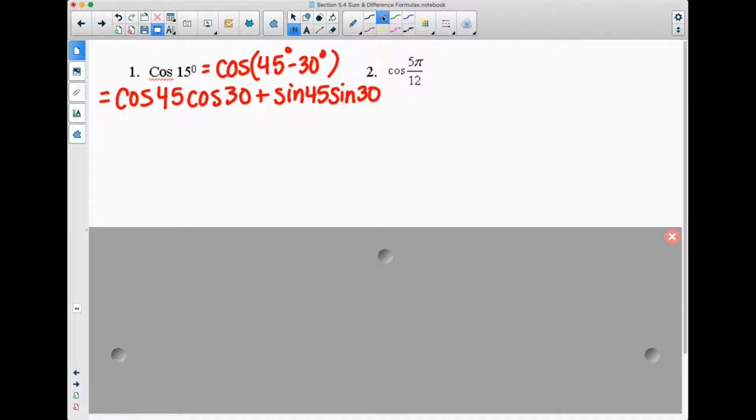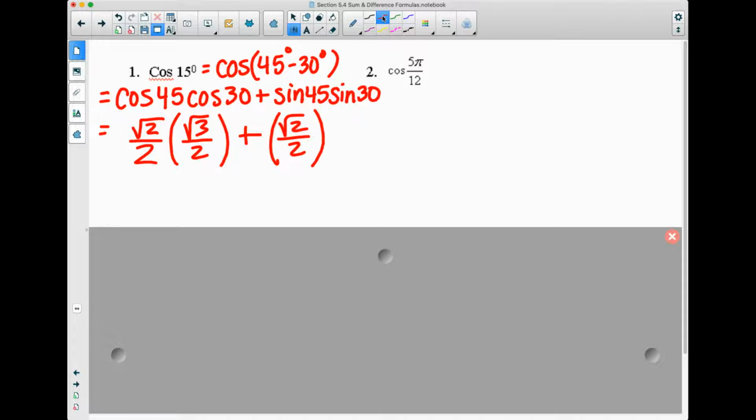Root 2 over 2. You can have your unit circle out if you need it. Cosine at 30 degrees. Square root of 3 over 2. Okay, sine at 45 gets us that root 2 over 2 again. And sine at 30 is 1/2.